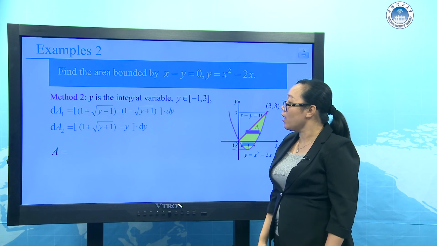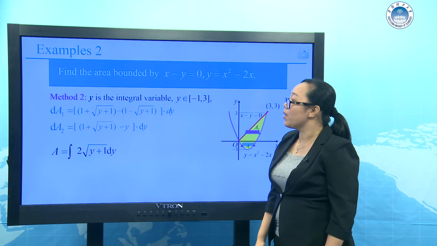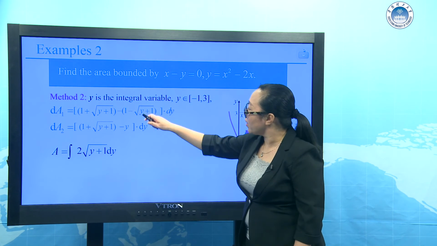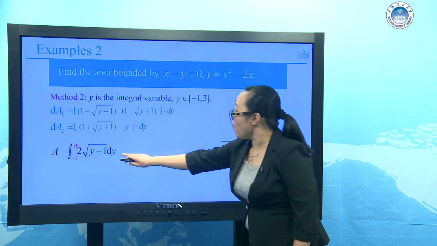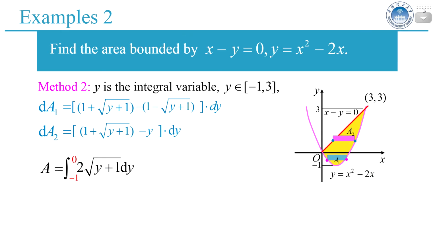Okay. So now A equals A1 plus A2. A1 together equals the integral of y from -1 to 0. Look at the figure. From -1 to 0. Okay. Plus A2. A2, copy this term. A2, y from 0 to 3.